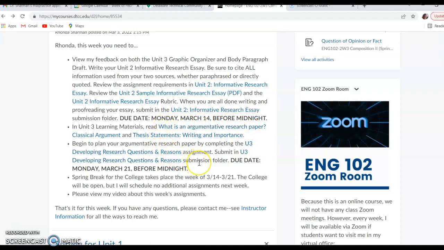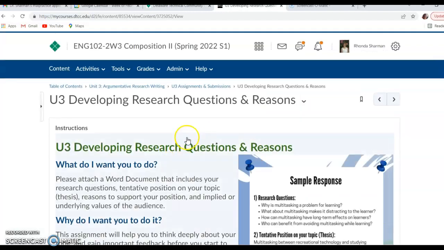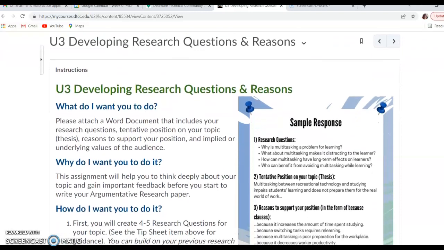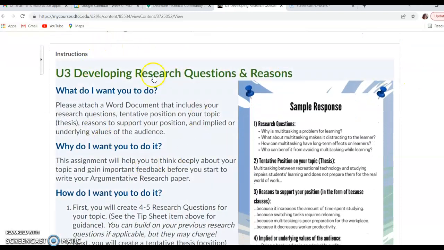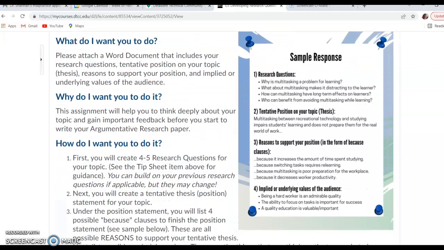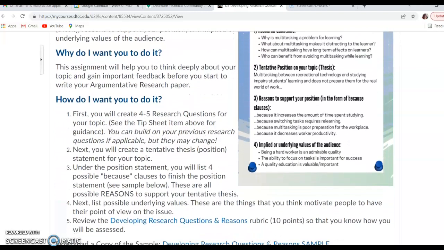For this first step for our Unit 3 paper, you are going to think some more about your research questions and the reasoning behind the point that you would want to make. So you're going to fill out a document that will explain 4 to 5 research questions, what your position is going to be on your issue, and some because clauses that will show you the support that you might be able to give.